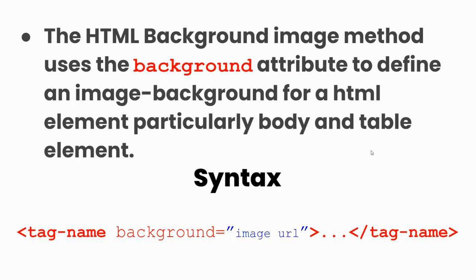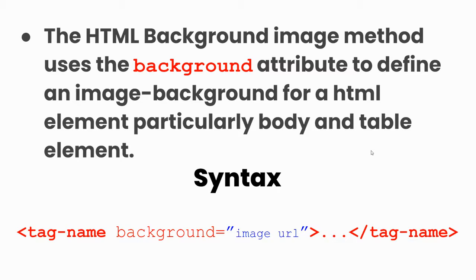In fact, the HTML background overall is just limited to the body and the table. It doesn't apply to other elements, as other elements now use CSS styling, which is far better than using HTML.